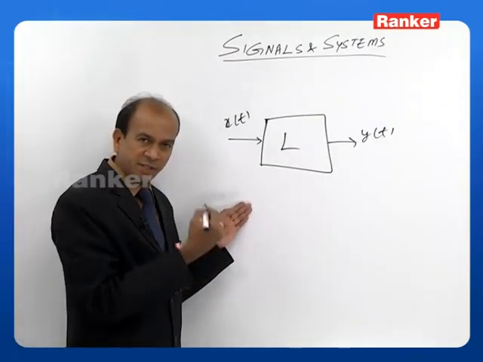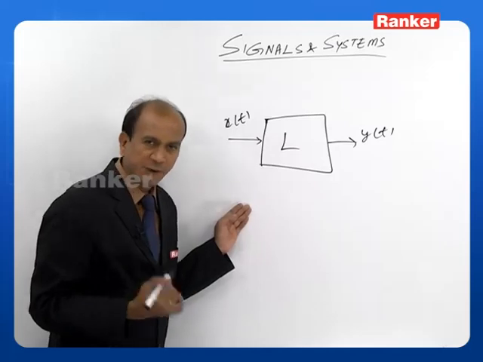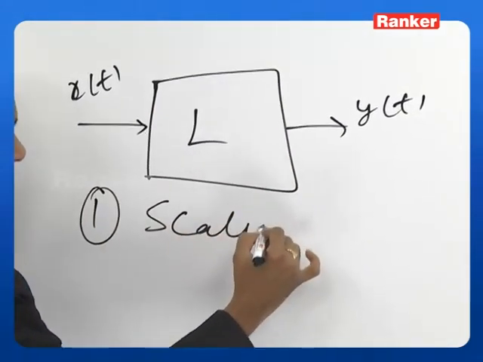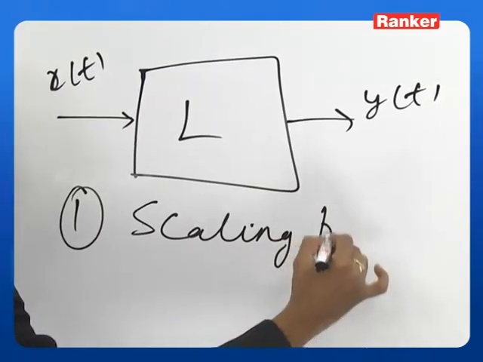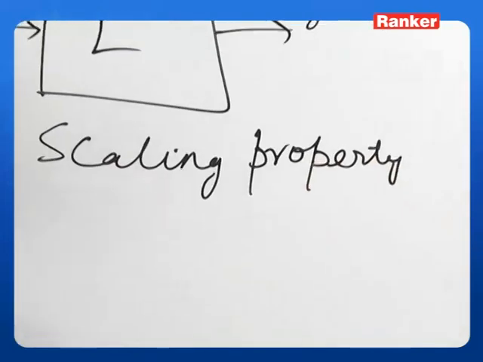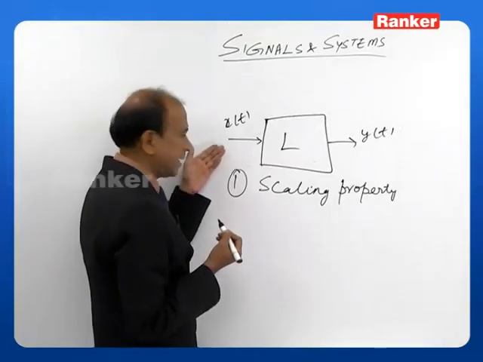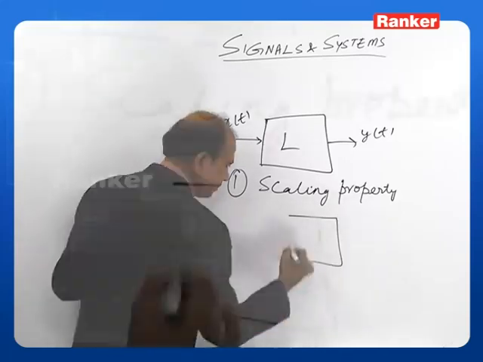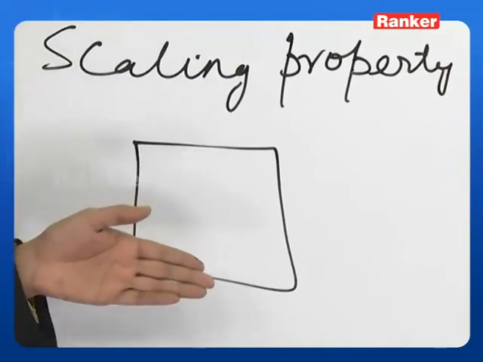Now, we said for this system to be linear, there are two properties that have to be satisfied. One of them is the scaling property. That means, let us say my x of t is scaled by a factor alpha. Let us not label this right away.